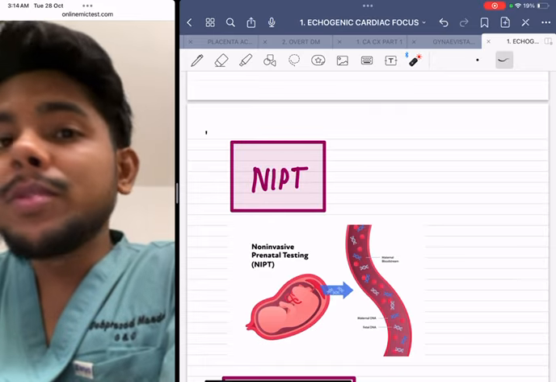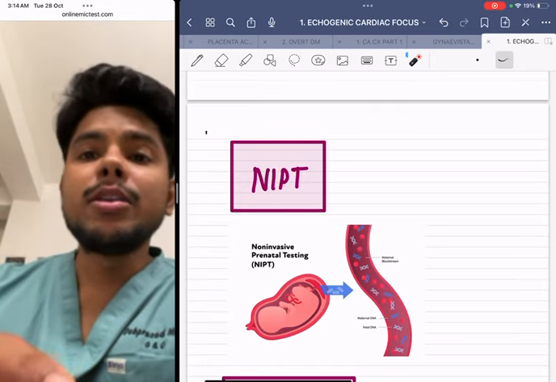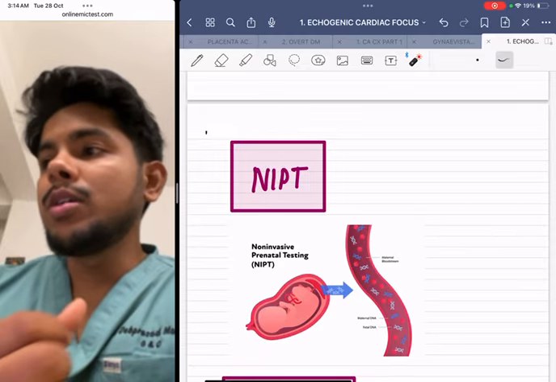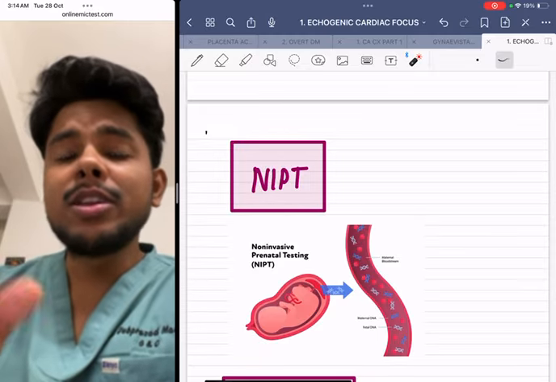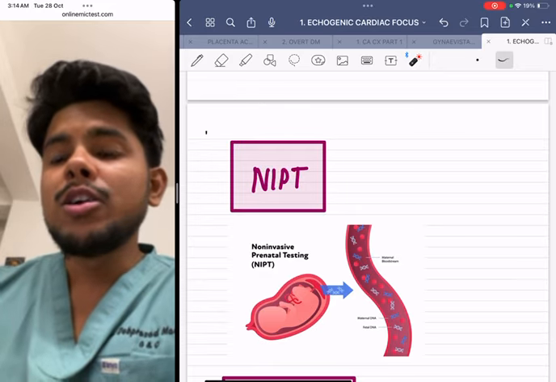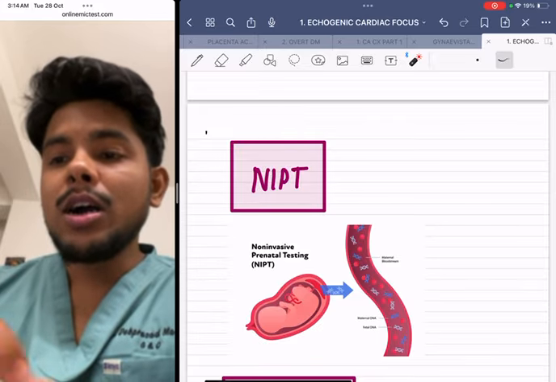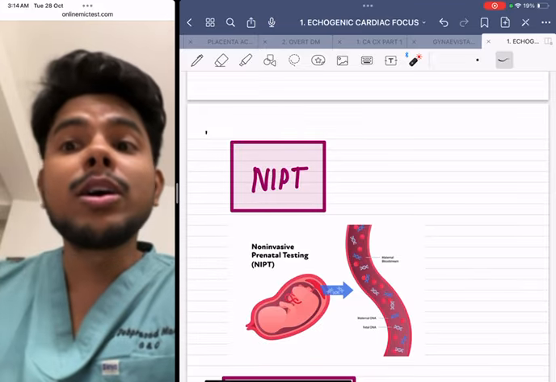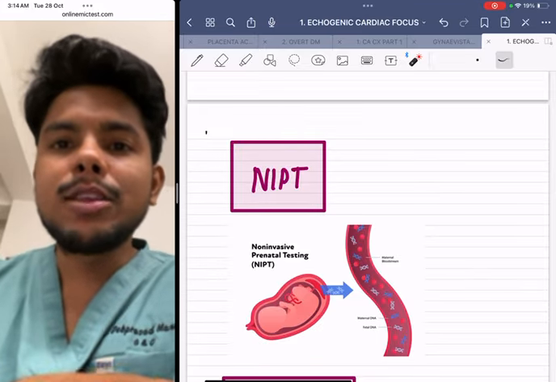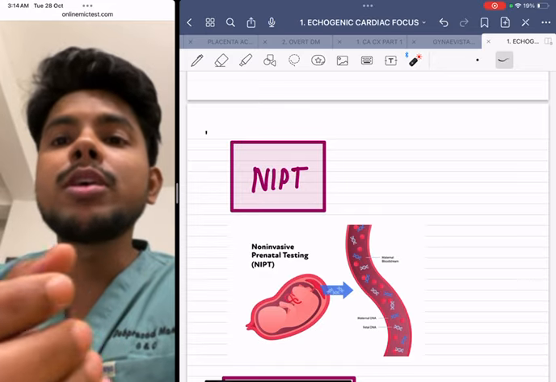It is a non-invasive test. We take the mother's blood and we assess the chromosomal configuration to rule out Down syndrome.